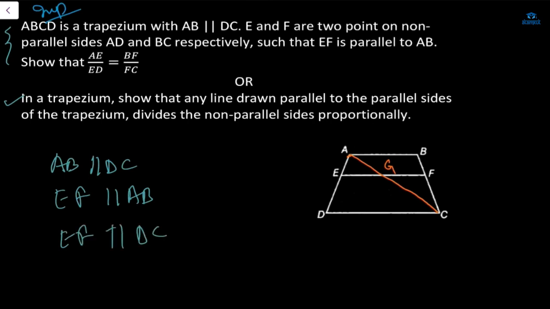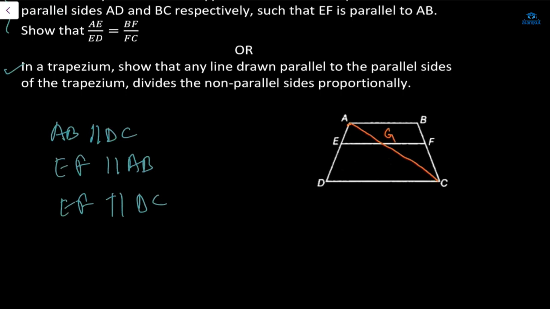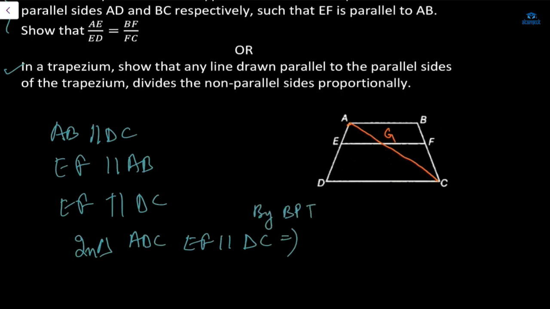Now check in triangle ADC: EF is parallel to DC, which implies, by BPT, AE by ED is equal to AG by GC. You can name it as equation 1.